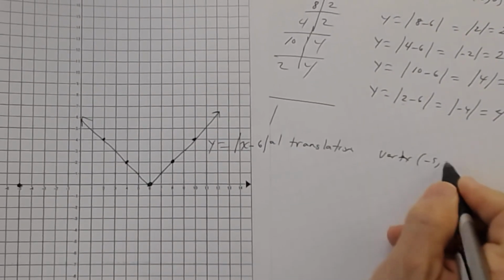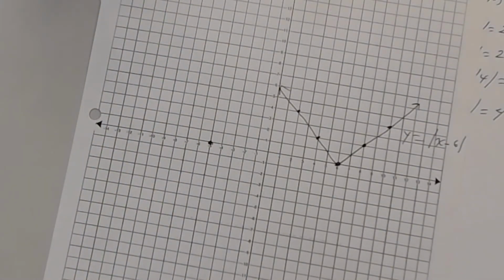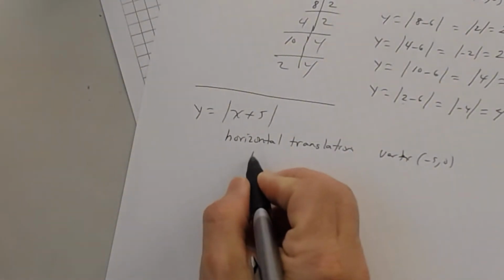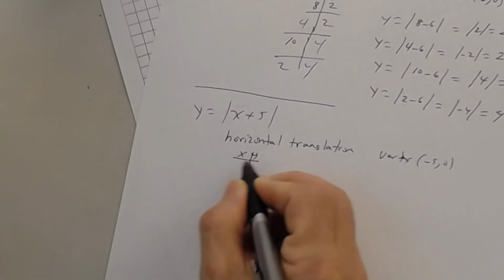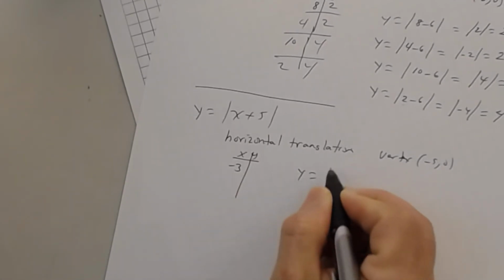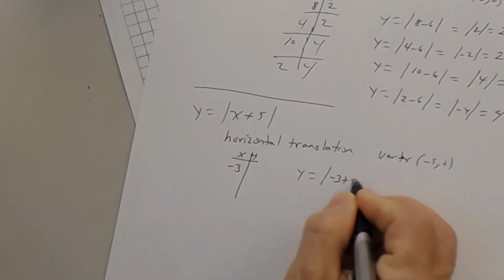And then all you do now is just find 2 points to the right and then 2 points to the left, and you draw your v. You draw your absolute value function. So give me an x value to the right. Negative 3. All right. So if x is negative 3, let's see what we get. y equals the absolute value of negative 3 plus 5.